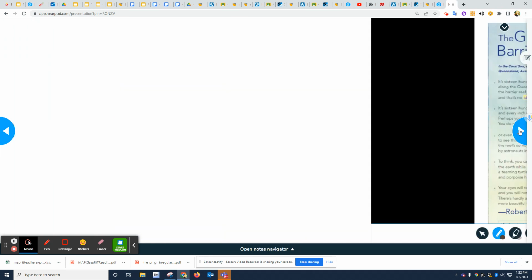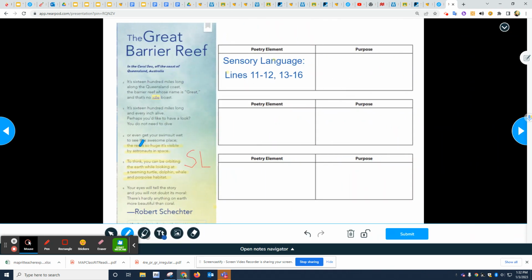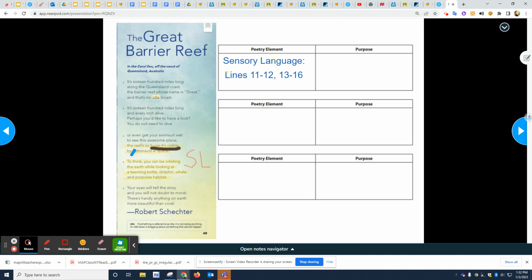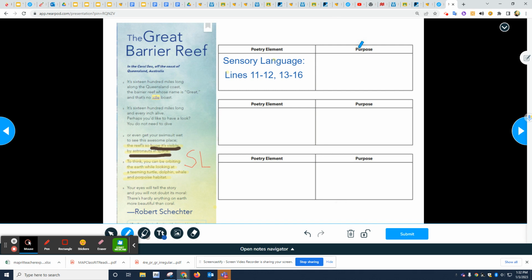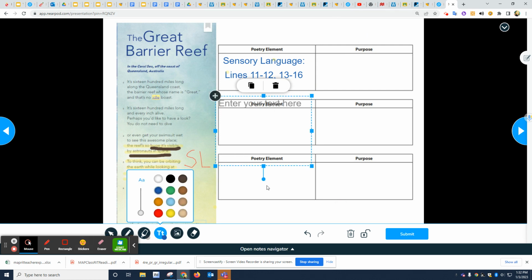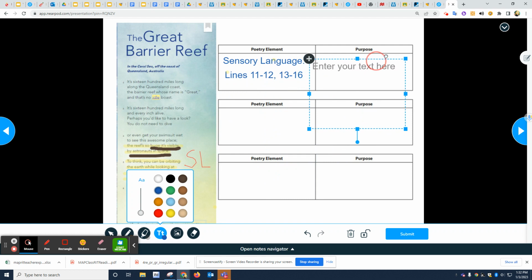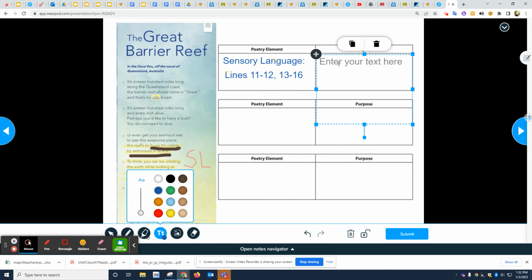So if I flip back and I look at this sensory language, the reef so huge, it's visible by astronauts in space. And so that helps me get a picture of how large the reef is. So the author wants me to really understand.